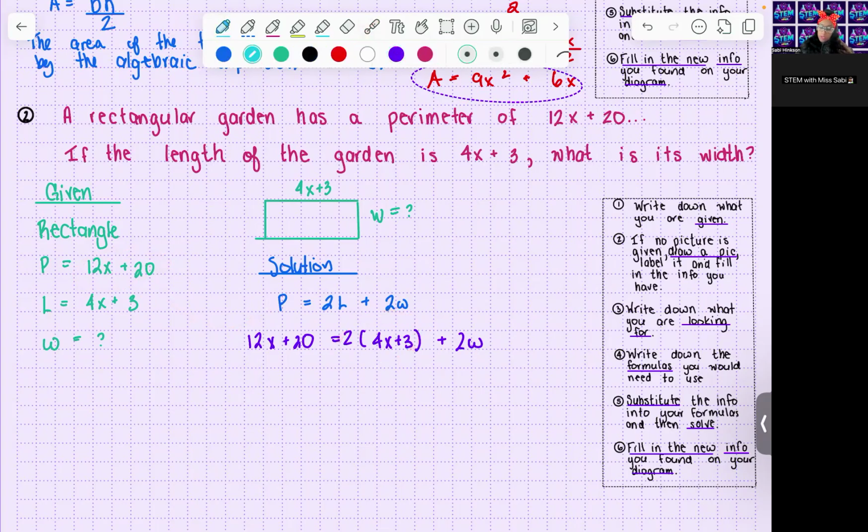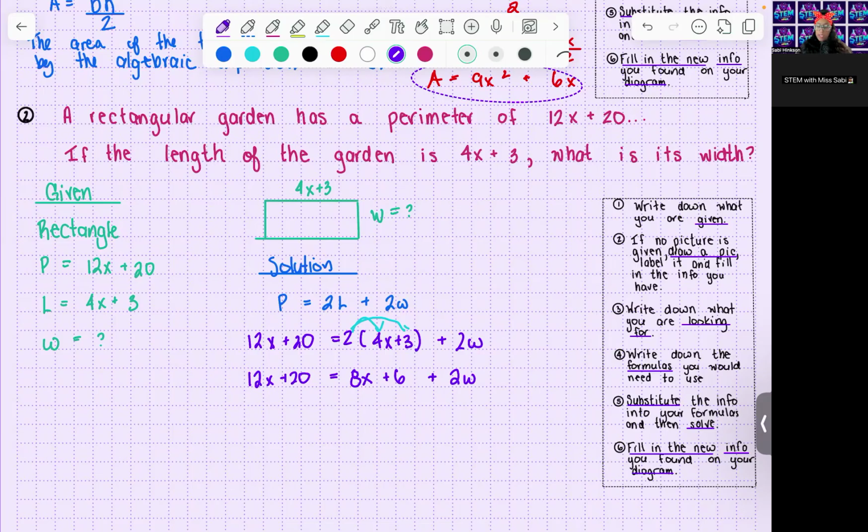There's nothing I can do in it, but I know that I can do distributive property. So for now, I have 12x plus 20. Distributive property says 2 times 4x is 8x. 2 times 3 is 6. And then I have this plus 2w.